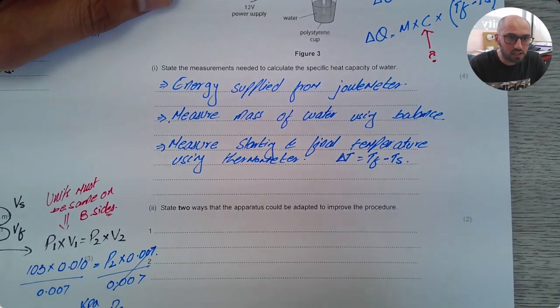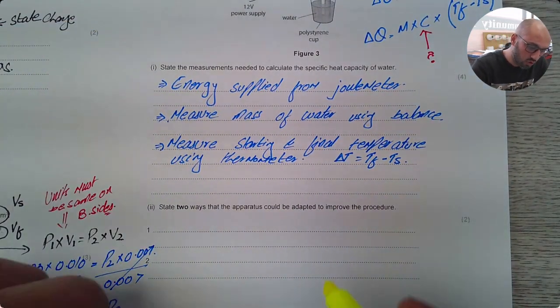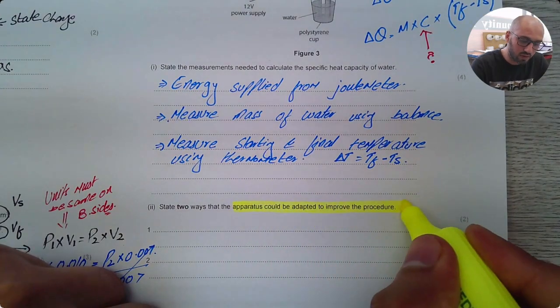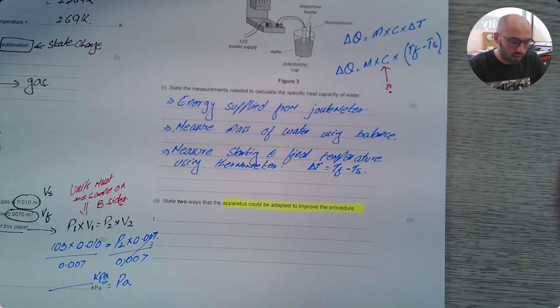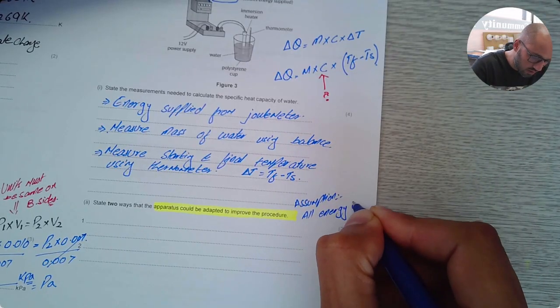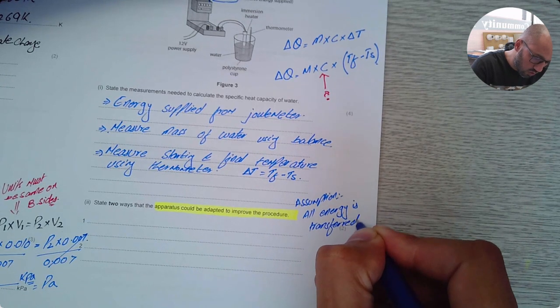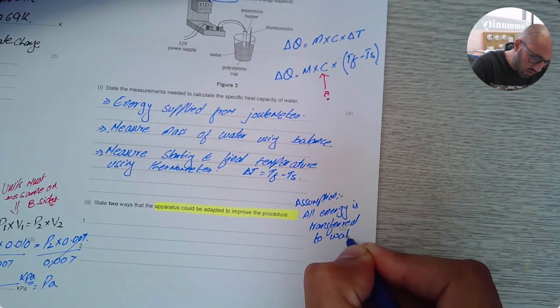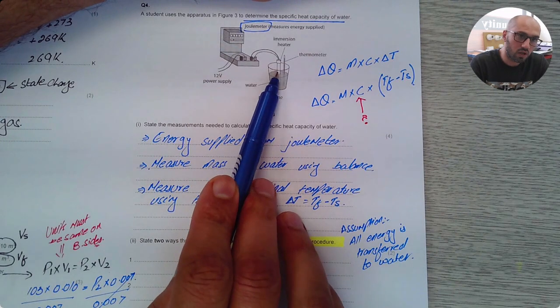Next part says state 2 ways that the apparatus could be adapted to improve the procedure. Now the main thing that you have to remember in this case is we are assuming that all energy is transferred to water. But this will not be the case in reality due to two reasons. Number one is there's no lid on the cup.